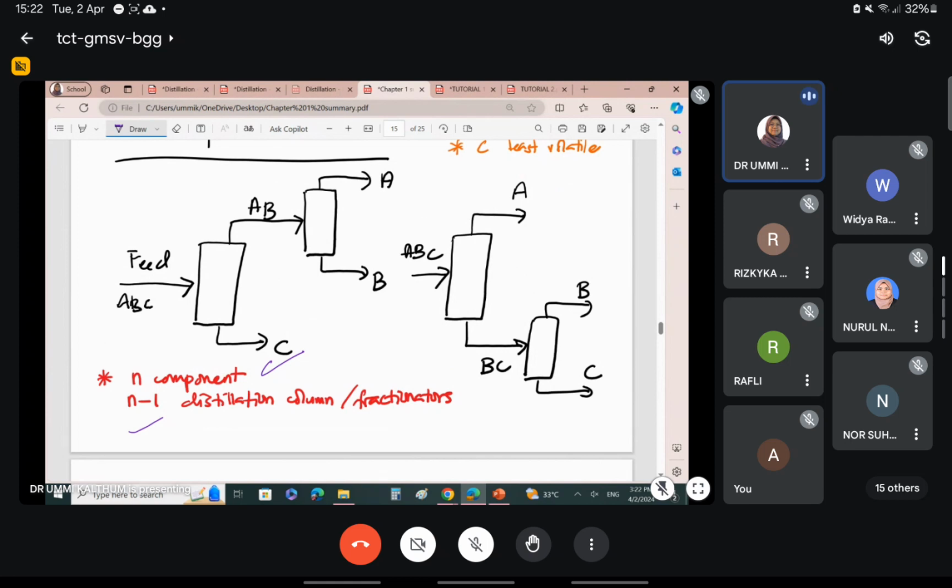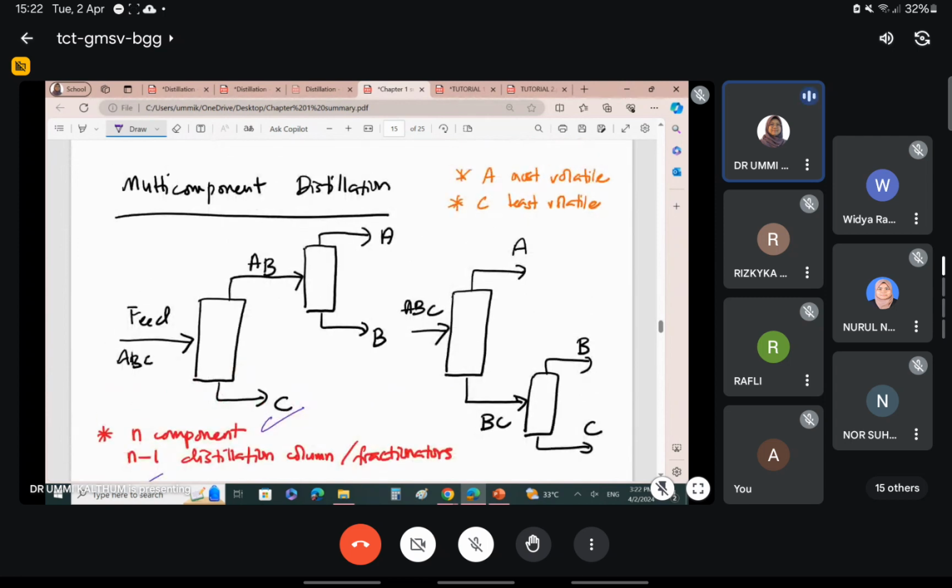If we have 4 components, then we need 3 distillation columns to separate the components. Understand? Okay, for example with 3 components A, B, C, the more volatile component is A, the least volatile component is C. So A must come out at the top, C must come out at the bottom.